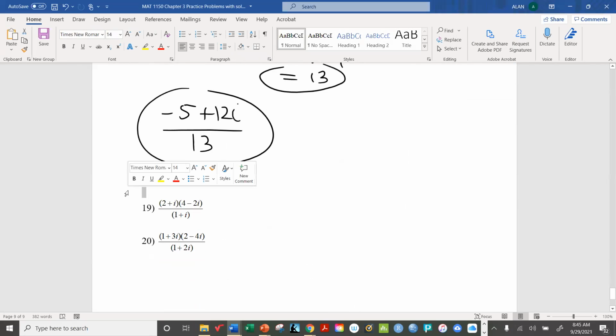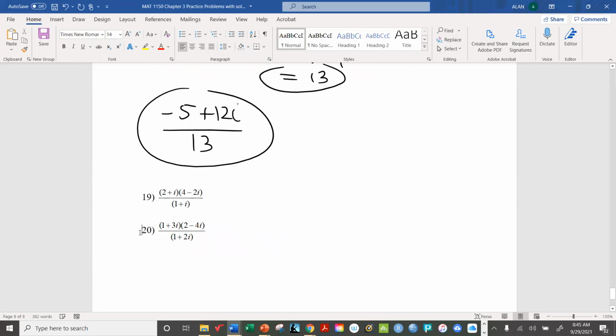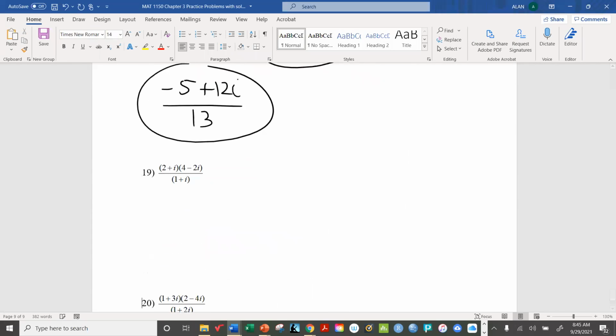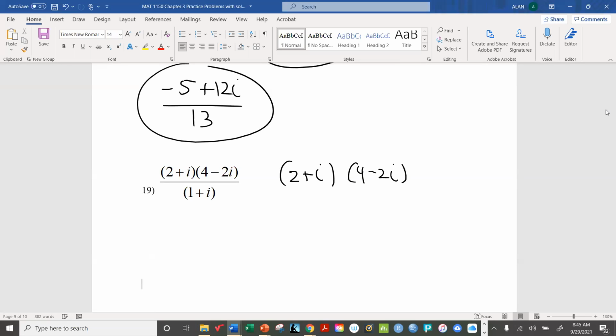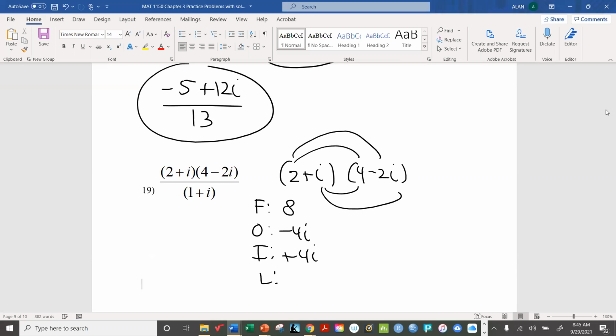Now, these are a little trickier because you can see that we have to do one extra step here. We need to do a FOIL right off the bat to evaluate the numerator. And then we can see how that maybe potentially reduces with the denominator. So if you take 2 plus i and 4 minus 2i and apply FOIL to it, eight minus 4i plus 4i minus 2i squared.